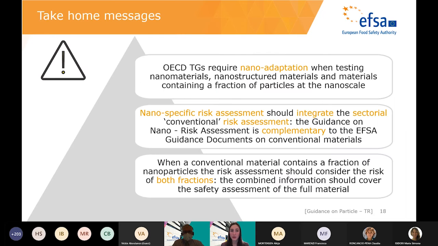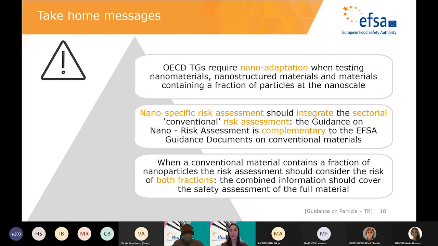I would like to conclude with a very short take-home message. First of all, OECD test guidelines require nano-adaptation when testing nanomaterials, nanostructured materials, and materials containing a fraction of particles at nanoscale. The second very important point is that nanospecific risk assessment should integrate the sectoral conventional risk assessment, so this guidance is complementary to the other EFSA guidance documents for conventional materials.